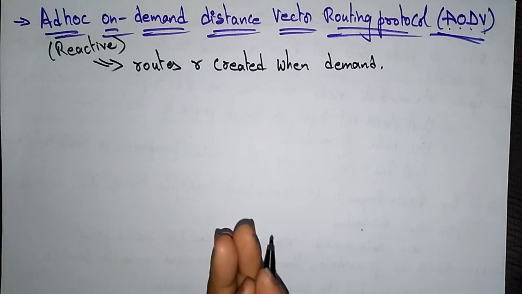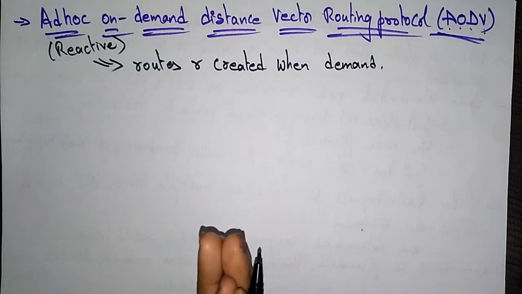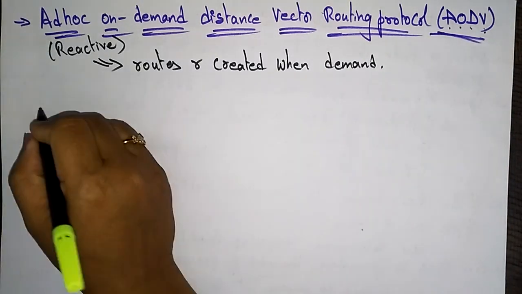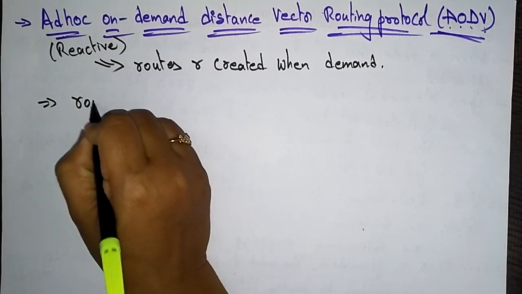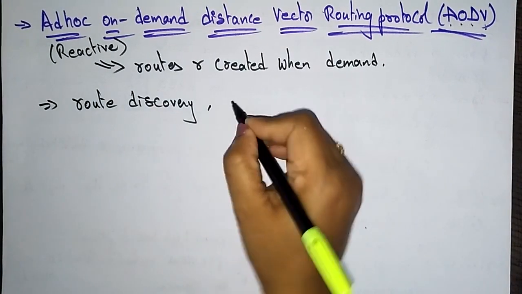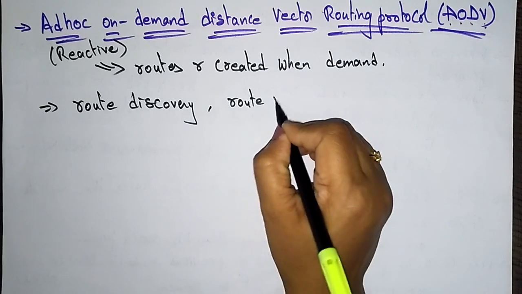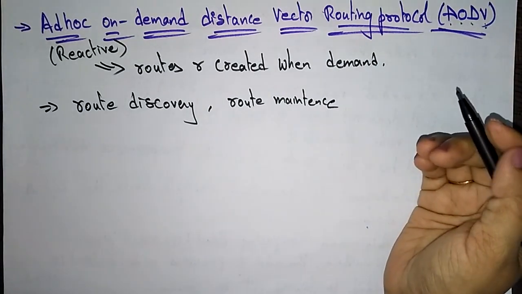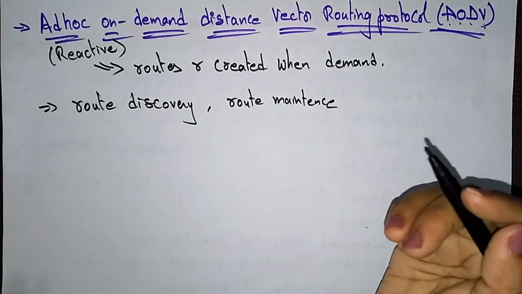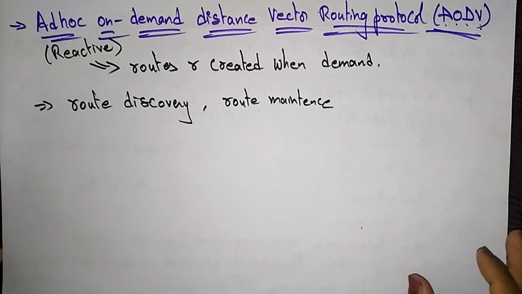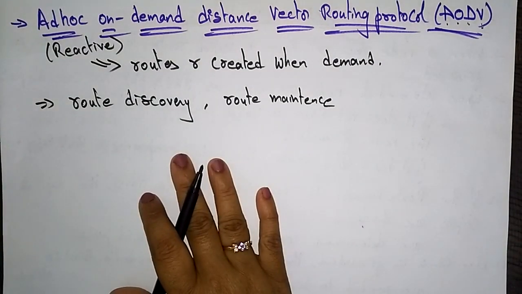The Ad hoc On-demand Distance Vector routing protocol has route discovery and route maintenance. So whatever protocol you take, first it has to discover the route and then maintain the routes. But each protocol will have its own style to transfer and receive the data.